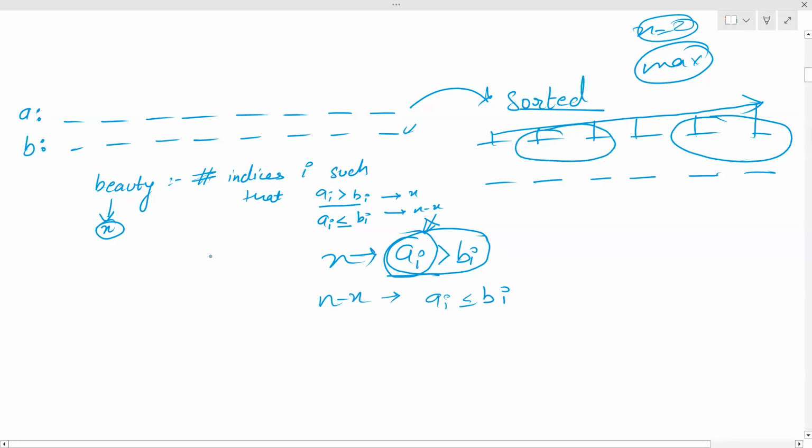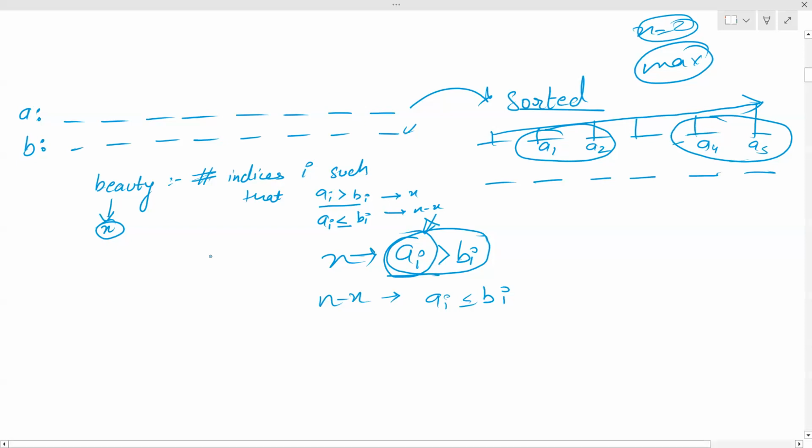Because if, instead of taking these two, and I'm trying to prove this now, if you take these two and the answer is valid, then if you had chosen these two instead, the answer will still be valid. You cannot go wrong, right?